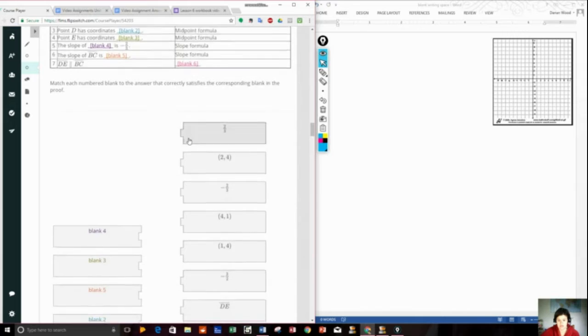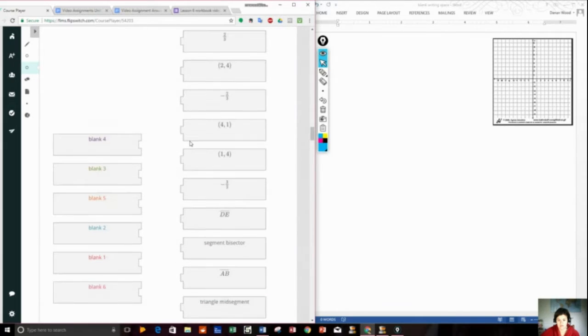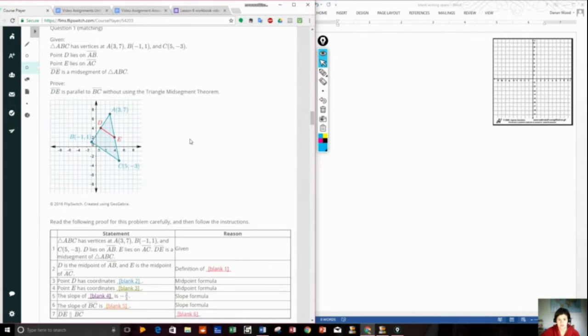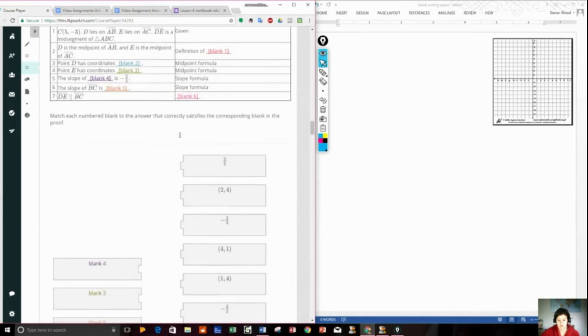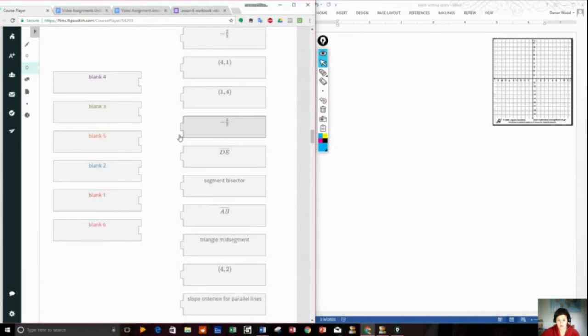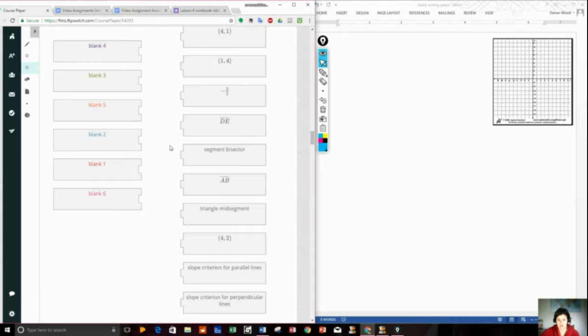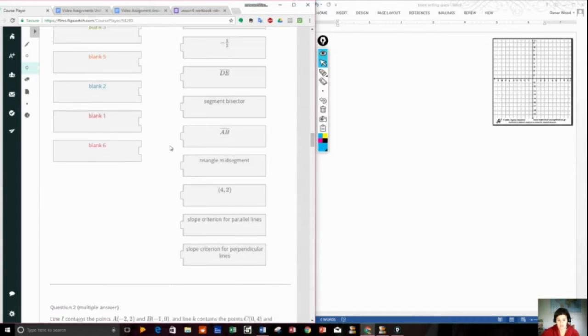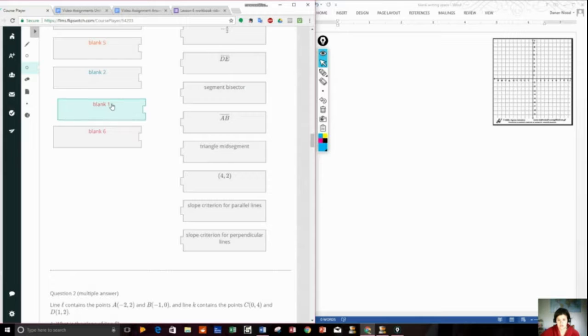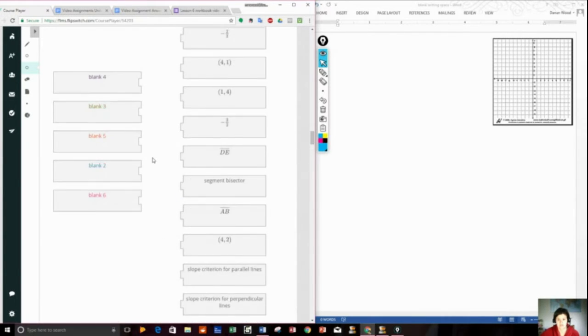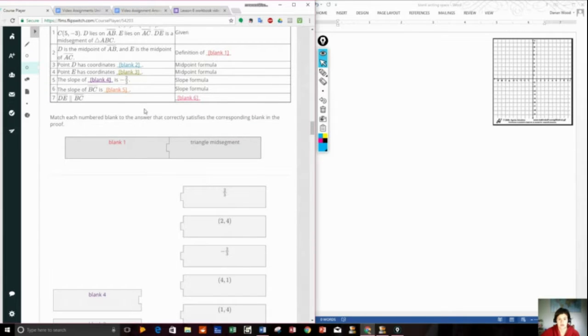That is the definition of a mid-segment. So I'm looking for the definition of a mid-segment. Definition of triangle mid-segment, that is our option.